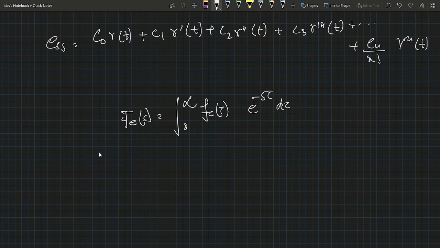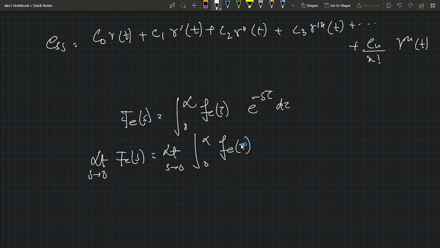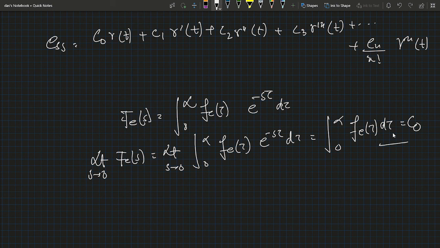Now limit s tends to 0 of F_e(s), the final value theorem, the integral from 0 to infinity of f_e(tau) e to the power minus s tau d tau, just simple mathematics following the integration parameter. So this is equal to c0, because we put here s tends to 0.